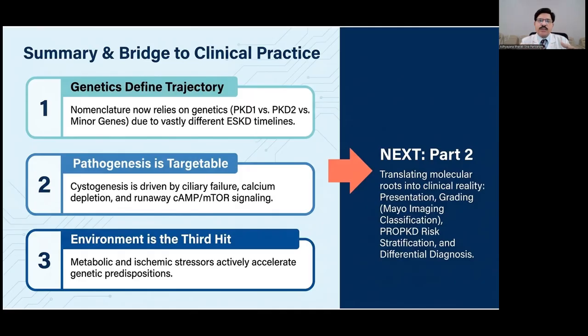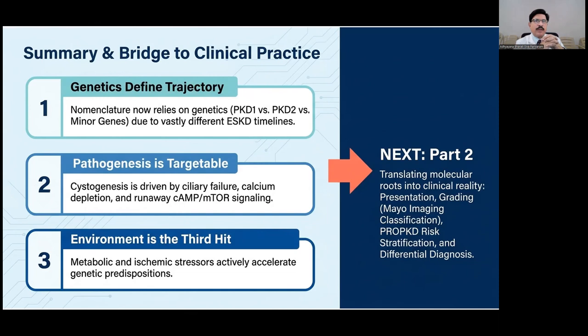Because pathogenesis is targetable by treatment. Environment is the third hit. So don't just give away that somebody has genetic ADPKD, nothing can be done now. If you control the metabolic and ischemic stressors actively, you can suppress the genetic acceleration and prolong the life of the patient. This is the message.